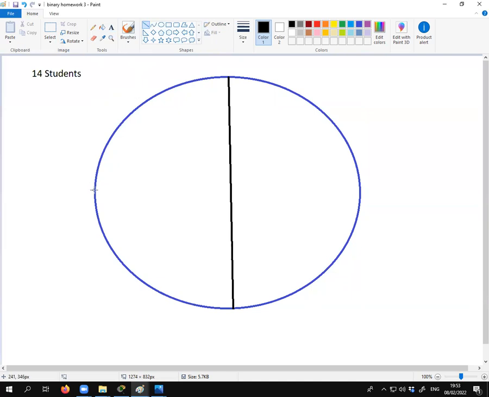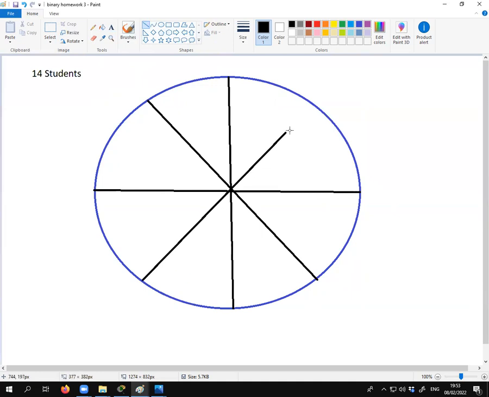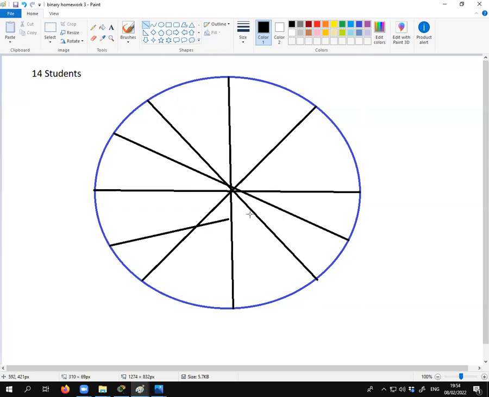So what do I do again? I take my apple pie and divide it again. We've got 1, 2, 3, 4. Is that enough? No. Divide it again. Is that enough? 1, 2, 3, 4, 5, 6, 7, 8. No, we're still short. So we need to go again. Now it's going to get tight.